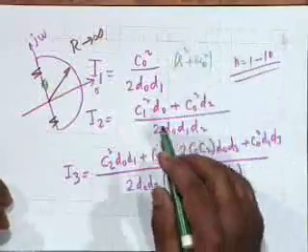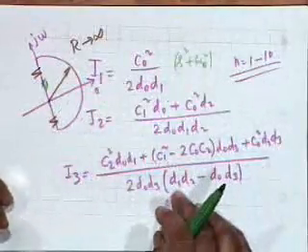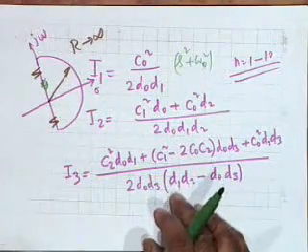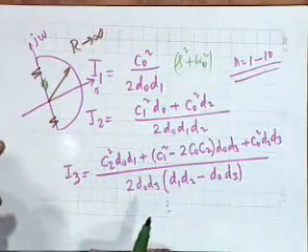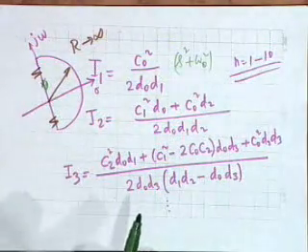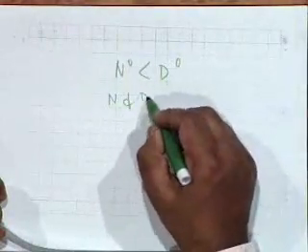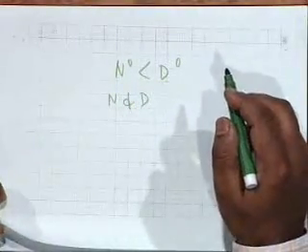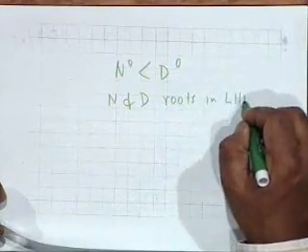So for the success of the contour integration, or for using this table, there are three conditions. One is that the degree of the numerator must be at least 1 less than the degree of the denominator. Two, N and D have roots in the left half plane.